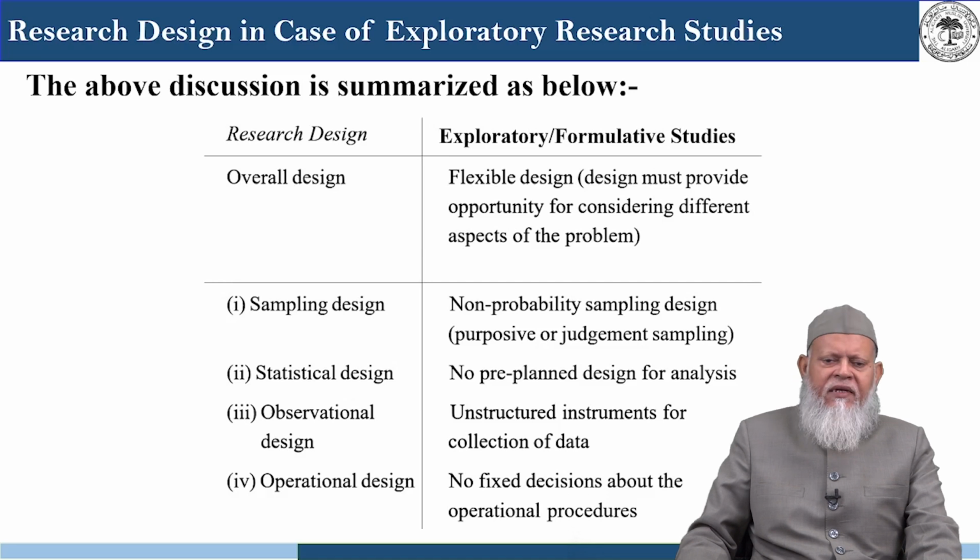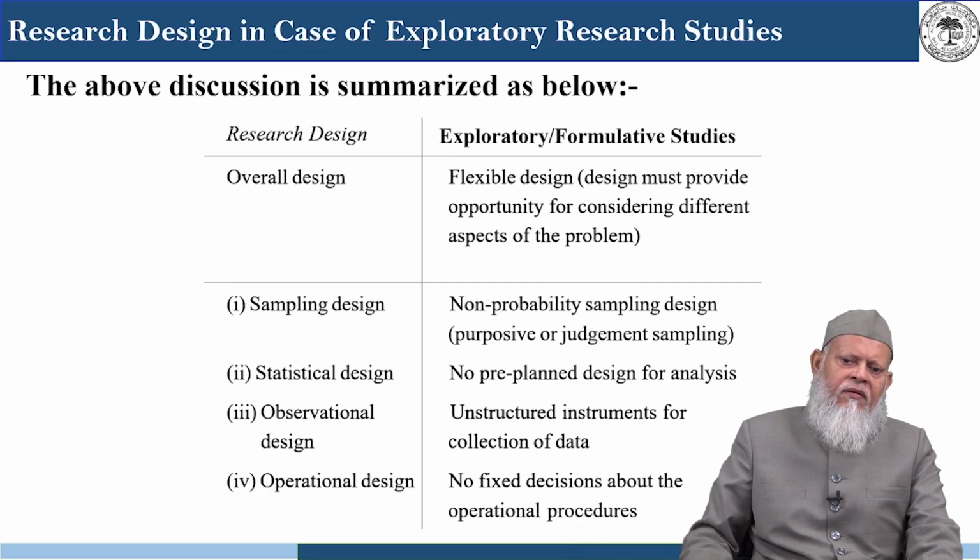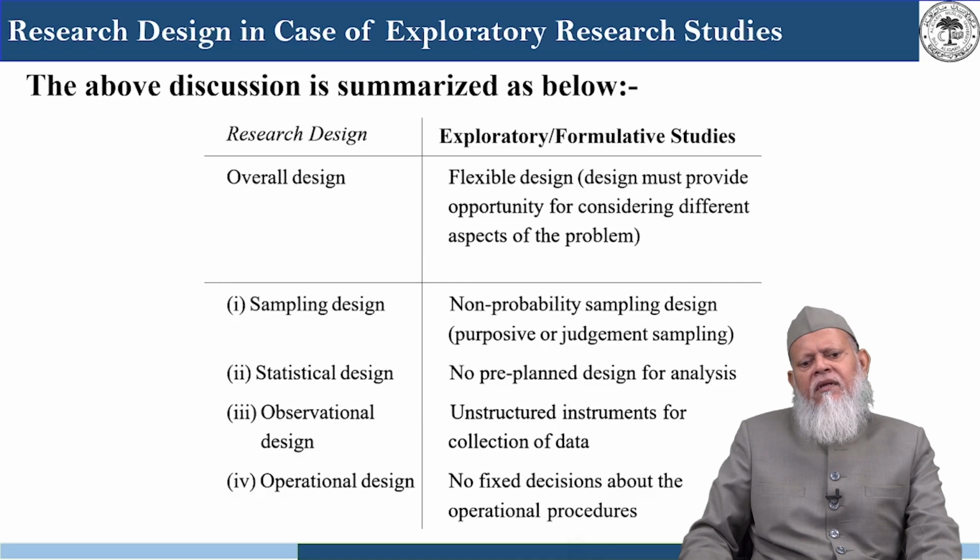From the table we find that the overall design has to be flexible, and the flexible design gives the opportunity for considering different aspects of the problem at different stages. Then comes the sampling design.